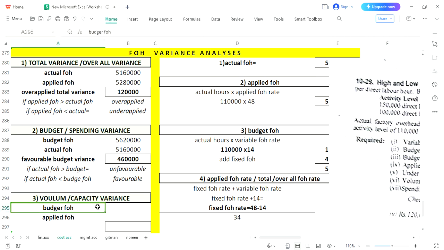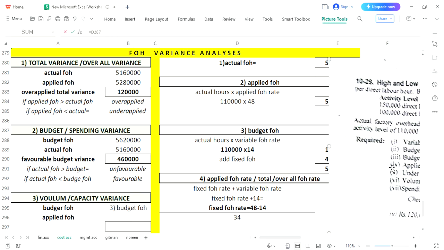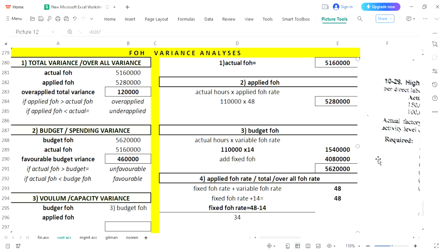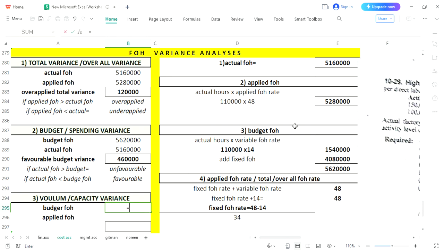Last we need to calculate our volume variance. For this you need your budget FH, and here you have calculated your budget FH. You were needed to write down here budget FH, which is 56,20,000.